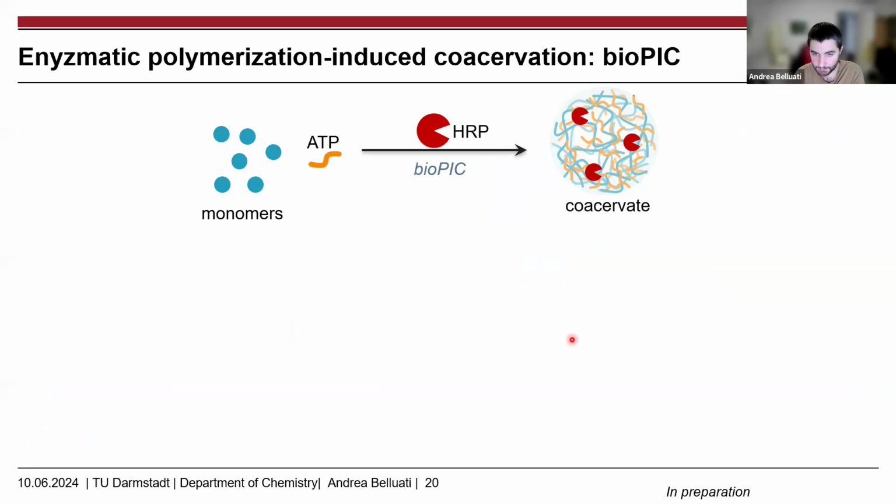And last but not least is this last proof of concept, the enzymatic polymerization used for coacervation, what we call biopic, where we use the same concept as before, so the monomer plus ATP together with our catalyst, in this case again horseradish peroxidase, not myoglobin, and this together automatically produces coacervate.